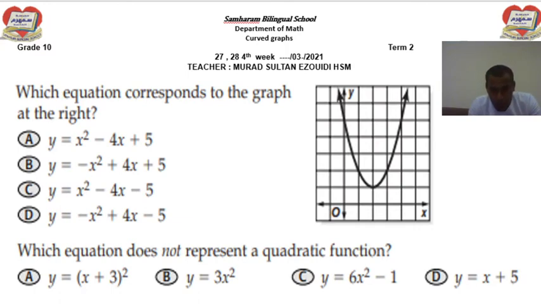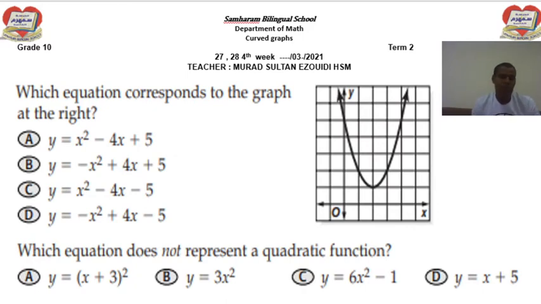When x equals 2, 2 squared is 4, minus 4 multiplied by 2 is 8, so 4 minus 8 is minus 4, plus 5 is 1. When x equals 2, y equals 1, so this is the turning point. So we will select small a. And now we'll move to the second one.